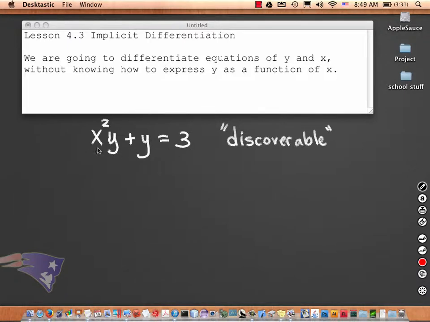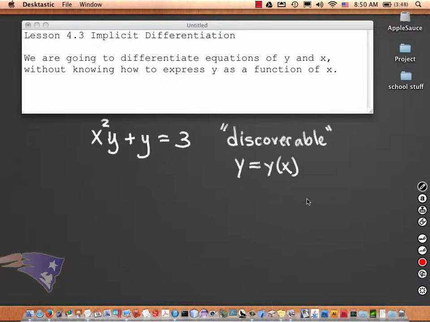Yes, you can solve for y. But right now, I'm not going to do that. Right now, I'm just going to say y is a function of x. So that's what the equation I've written means. Y is a function of x. It's still the same old y equals some equation using x's. Okay?